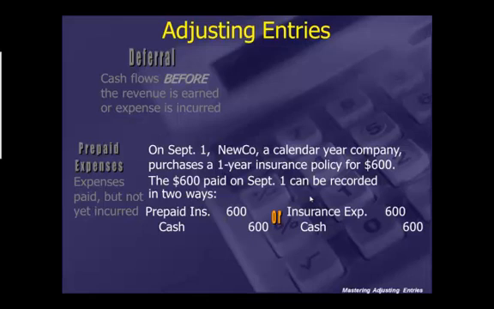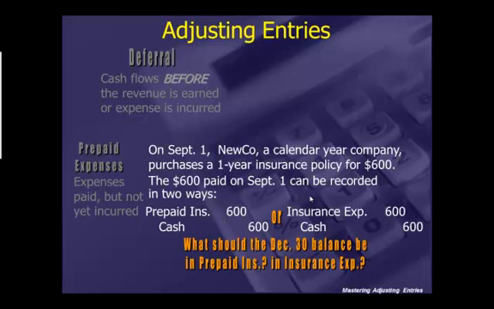Now, keep in mind this overlaps 2 fiscal years, which are calendar years. We're going to need to take the 600 and divide by 12 so that we have $50 a month of insurance. This should say December 31st: what should the December 31st balance be in prepaid insurance and in insurance expense?